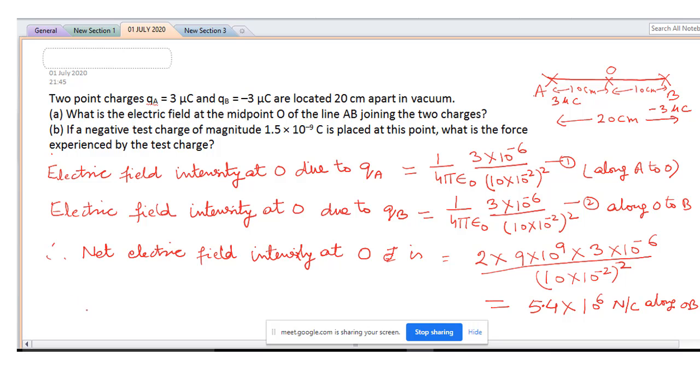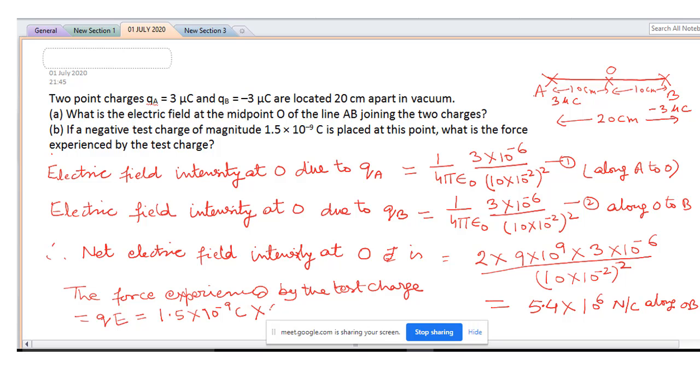The force on the test charge is equal to QE, or 1.5 into 10 to the power minus 9 coulomb into 5.4 into 10 to the power 6 Newton per coulomb.